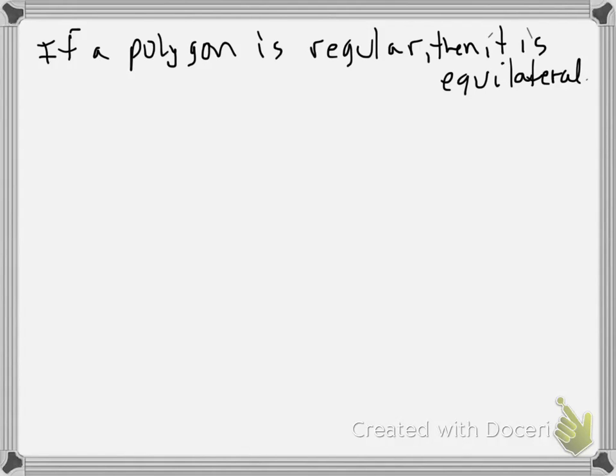Okay? So let's just analyze. What is the if part? Well, the if part is right after if. It's right here. If P, then Q. Okay, so there's our parts.